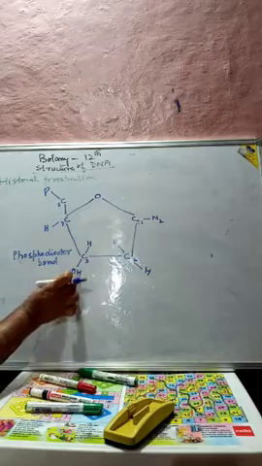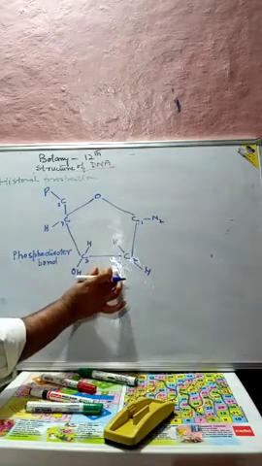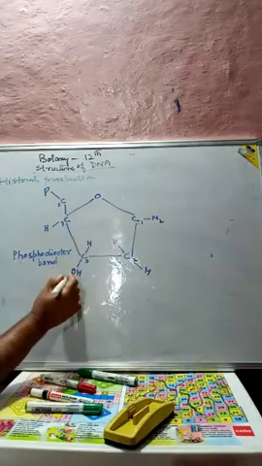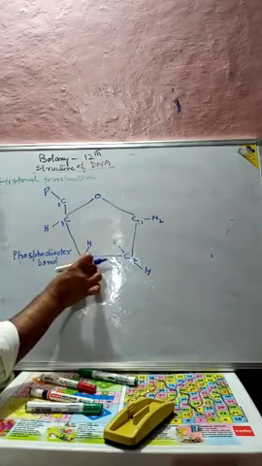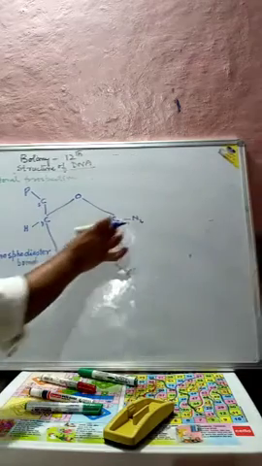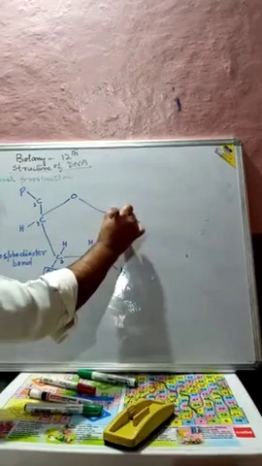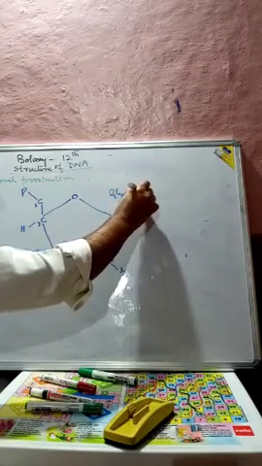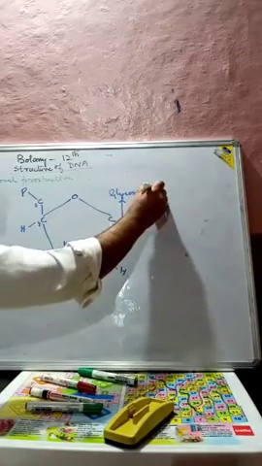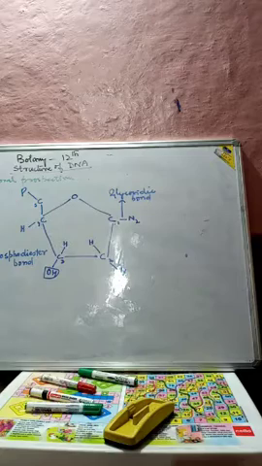That is called a 5 prime phosphodiester bond, and the next nucleotide will get attached with this nucleotide at this hydroxyl group, which is found at the third carbon. And the bond between this carbon first and the nitrogen is called the glycosidic bond.